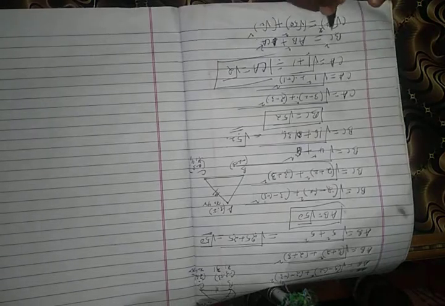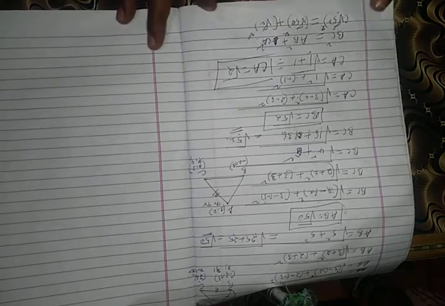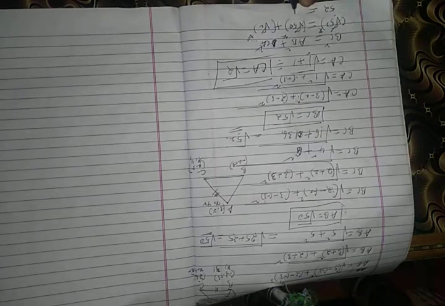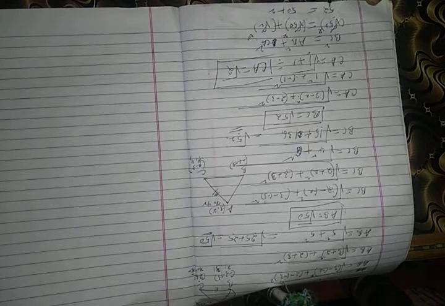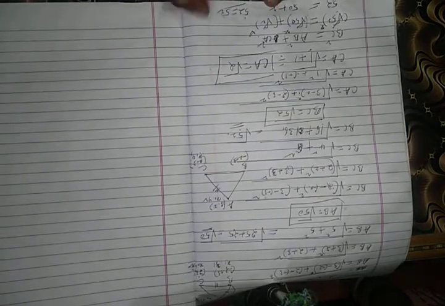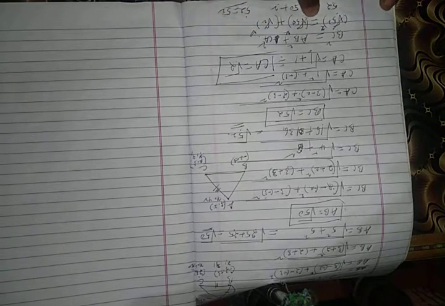The square roots cancel, so 52 is equal to 50 plus 2. The left side is equal to the right side, because 52 is equal to 52.